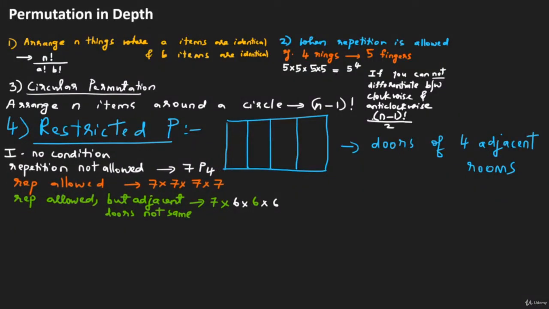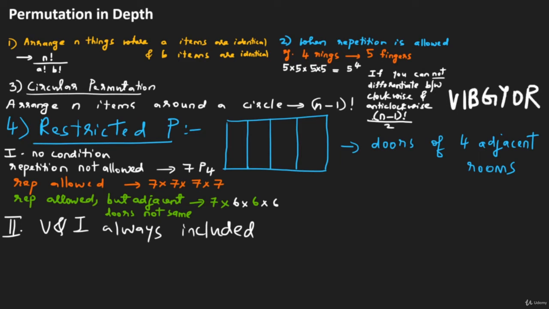Now, say you need to color these doors such that color V and color I is always included. That's from VIBGYOR, right? You have these 7 colors, and out of this, color V and color I is always included. Now, let's first make the selection.